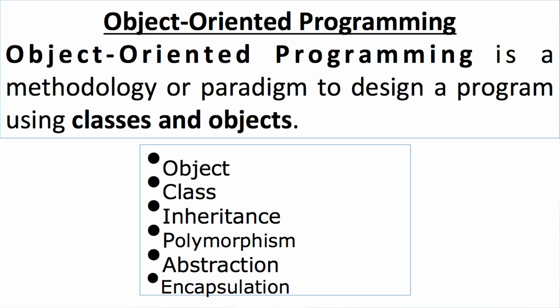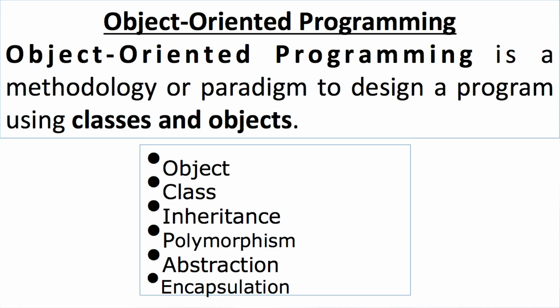So maybe you know about this object oriented programming, but I am explaining a little bit here what object oriented programming is. These are the features you can see on the bulleted points: object, classes, inheritance, polymorphism, and abstraction. These are the features of object oriented programming language. So class and object you can understand by the program.